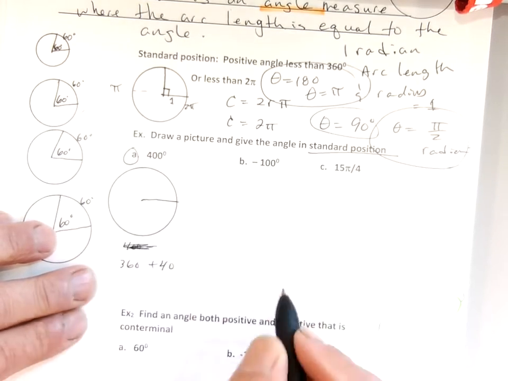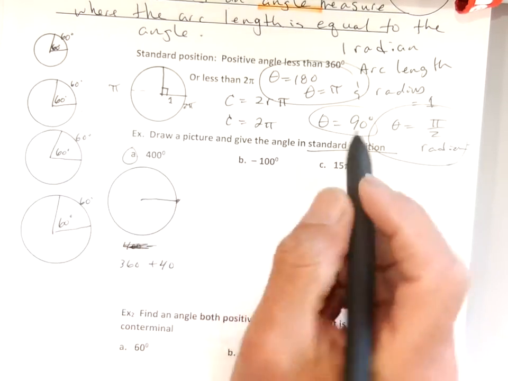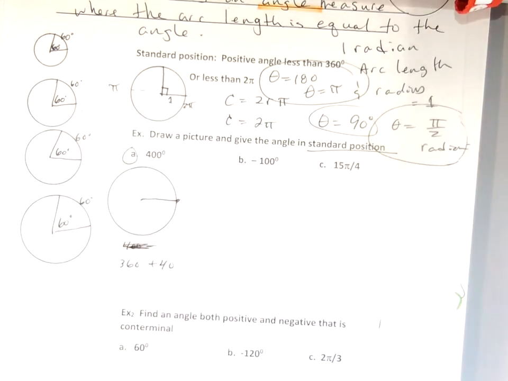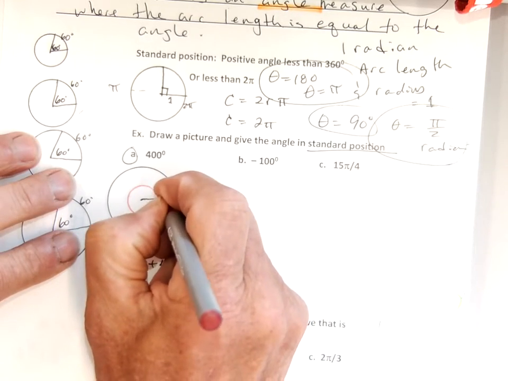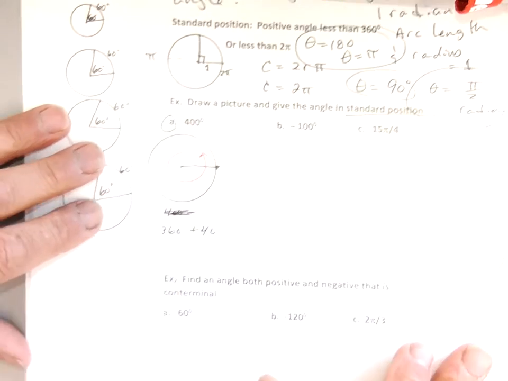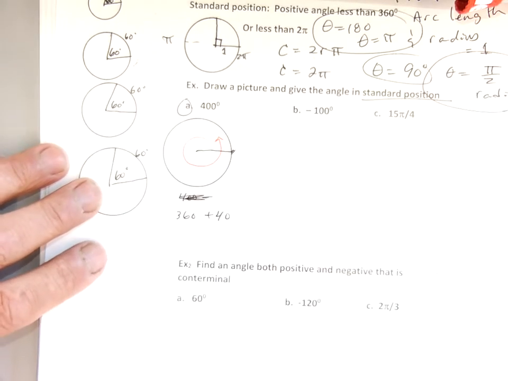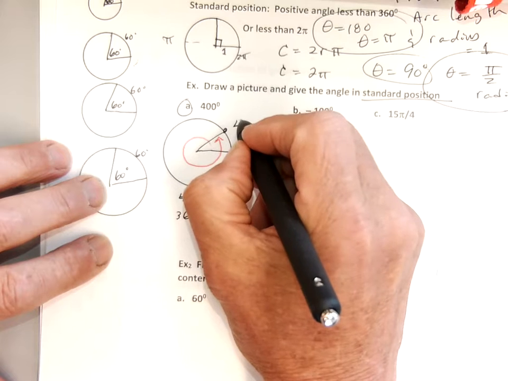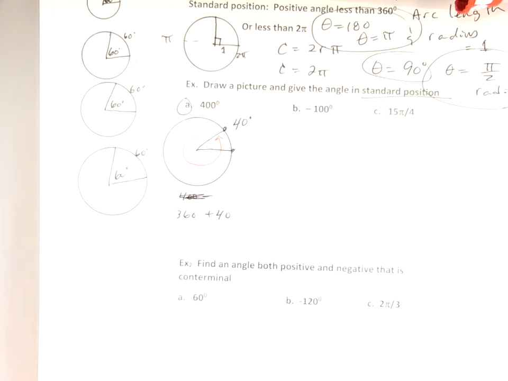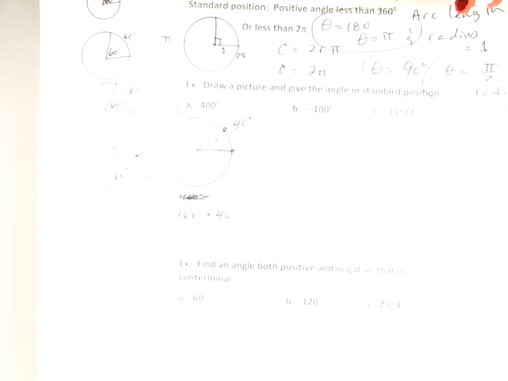So to draw this angle, we'd go around 360 degrees and back to 40. That makes sense, doesn't it? It's like rolling the wheel 400 degrees. So you got to go all the way around and 40 more.